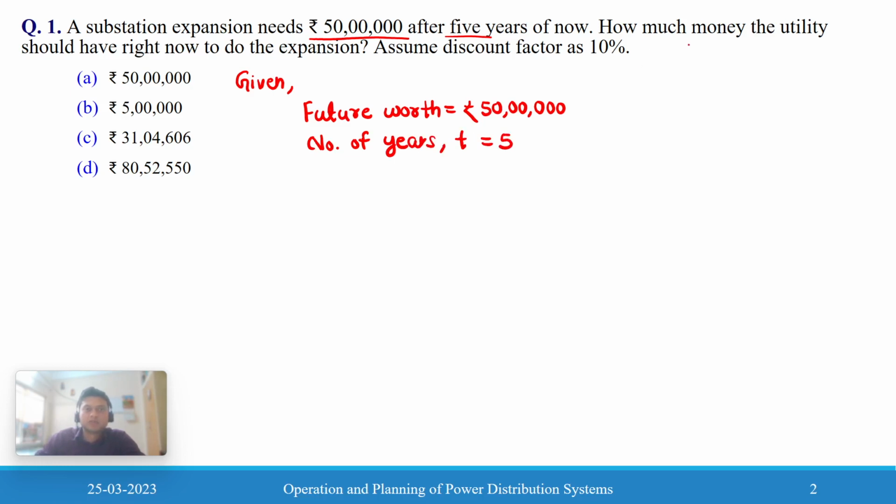How much money the utility should have right now: we have to find the present worth to do the expansion. Discount rate D is given as 10%.